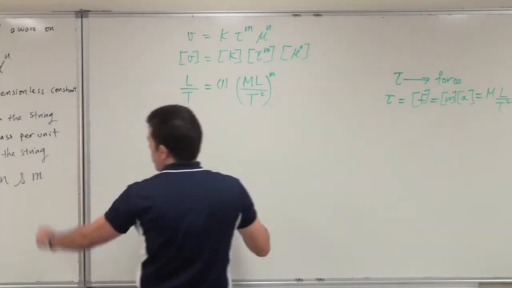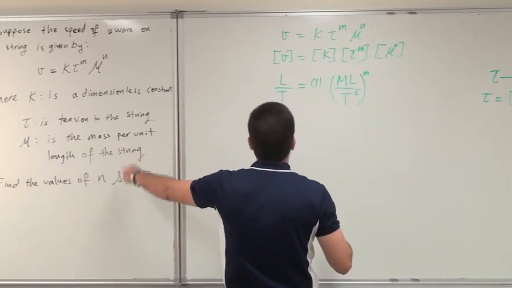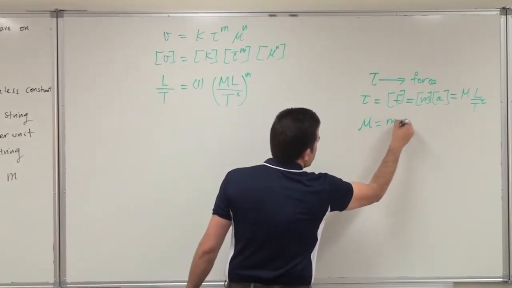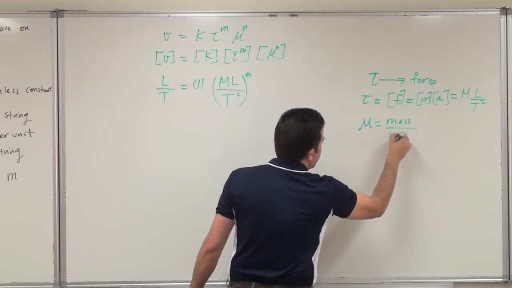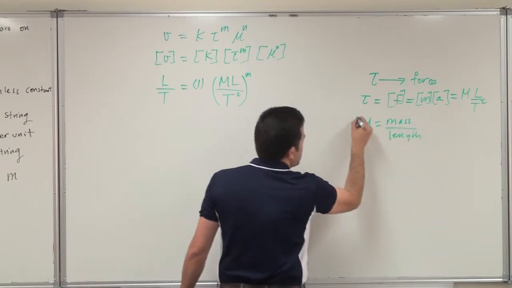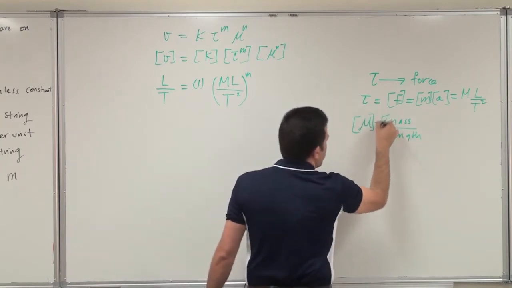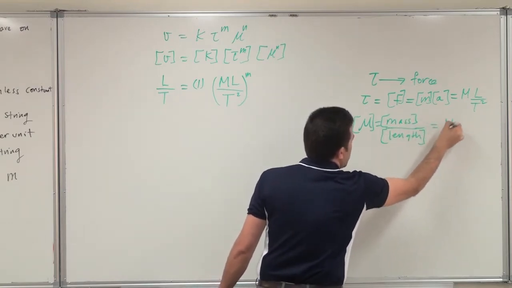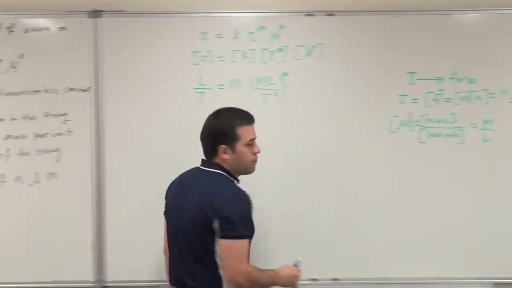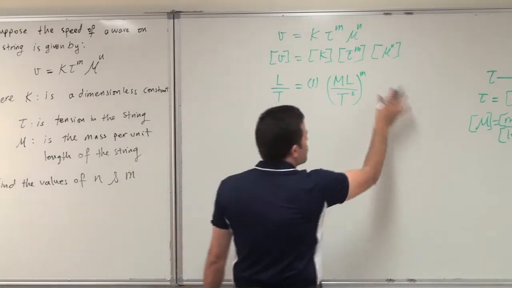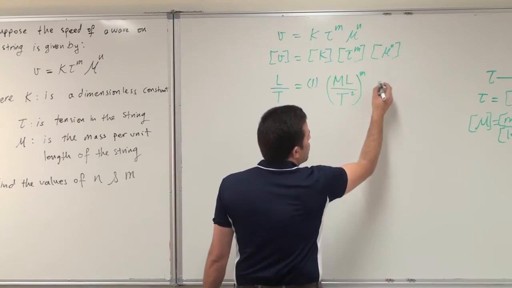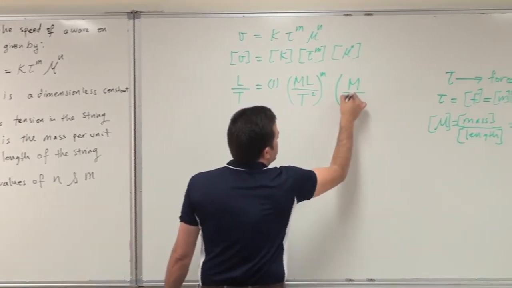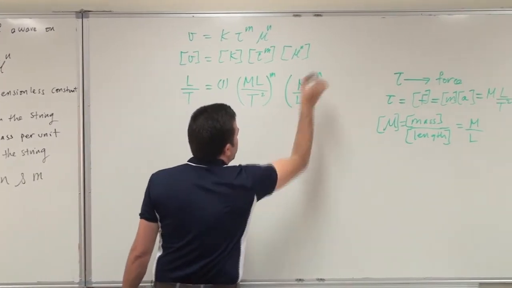And mu is given as the mass per unit length, so it has the dimensions of the mass and the length, so it is M divided by L. Now I can substitute also this result and raise it to power n, so this will be M divided by L and raised to power n.